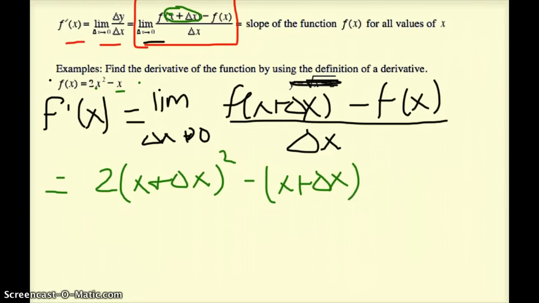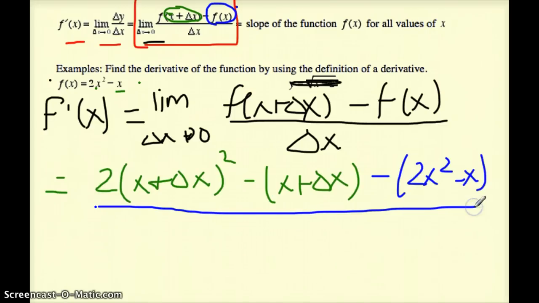And then my next function says I need to minus f of x. So here, I'm going to minus f of x, which according to this is 2x squared minus x. Okay. And I'm going to put all of this over delta x.